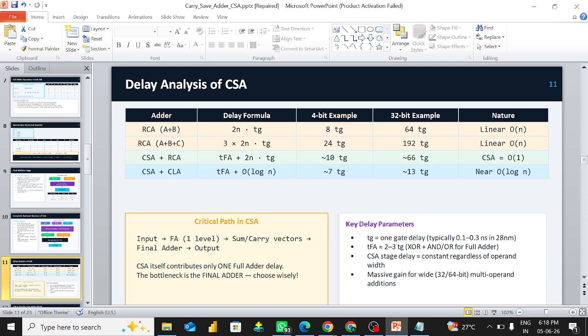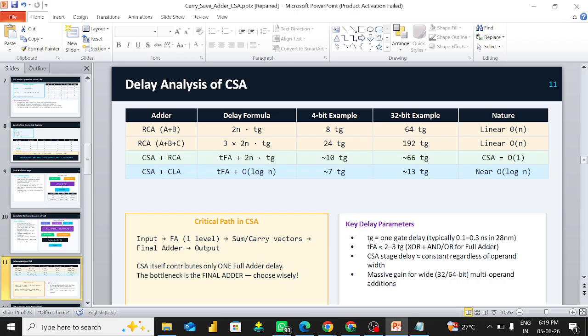So this is nothing but delay analysis. Like we already learned, this delay will be around 8 gate delay, 24 gate delay.